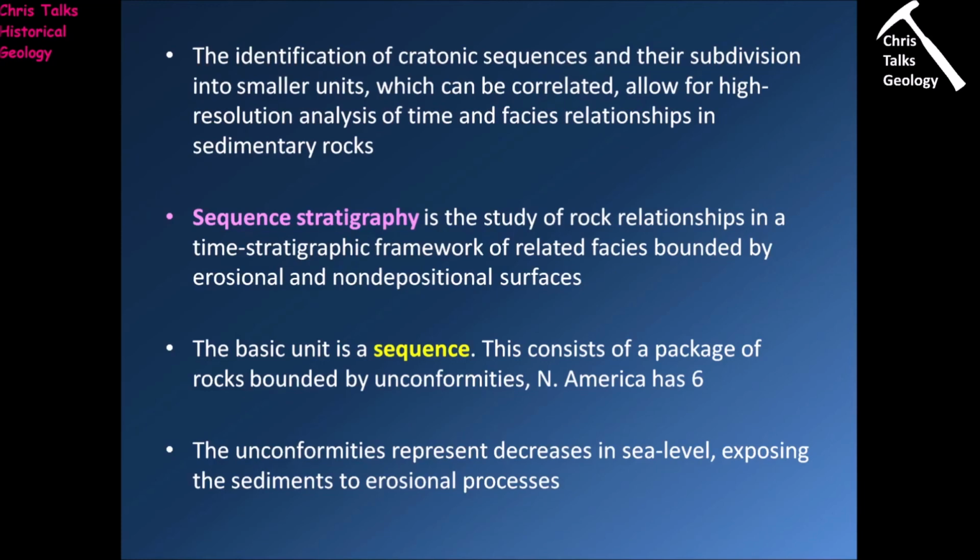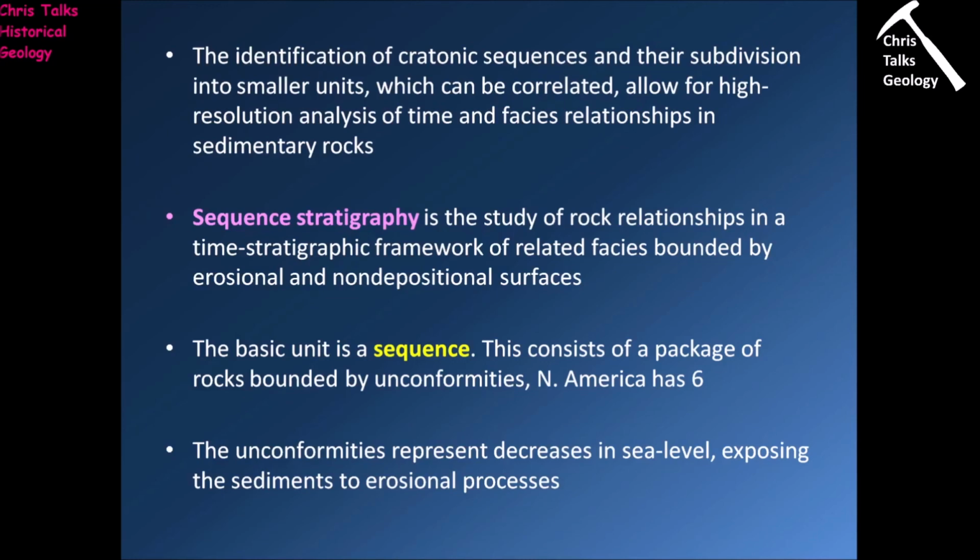Sequence stratigraphy is the study of rock relationships in a time stratigraphic framework of related facies bounded by erosional and non-depositional surfaces. What that really means is it's the analysis of these 6 sequences and how they move backwards and forwards over North America with time. The basic unit of sequence stratigraphy is a sequence, of which North America has 6.